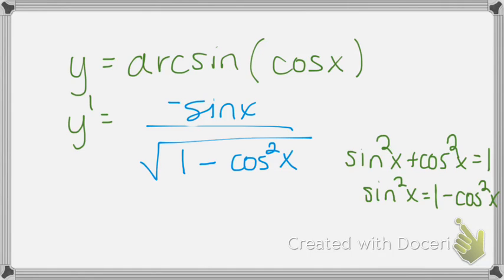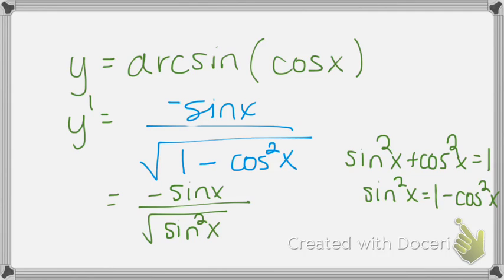Okay, why is that important in this problem we're doing? Or is it important? You can square root both sides. Is that important? Does that help me? What's the square root of sine squared? Sine of x. What does that equal?